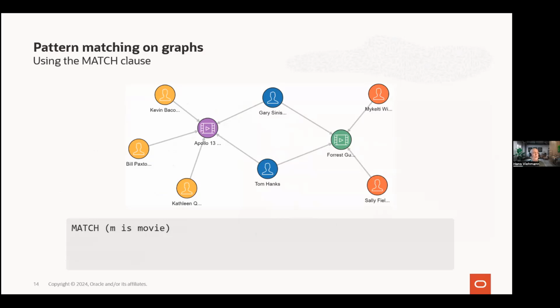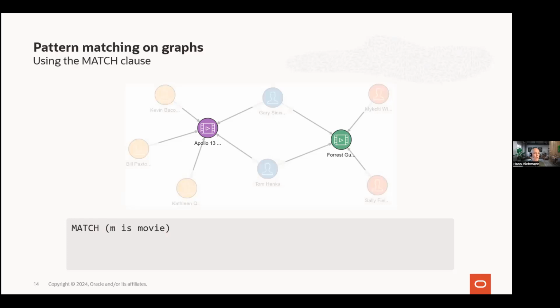We refer to everything that is a vertex by putting things into parentheses. So if I have a simple match clause like this one here, which says match, and then in parentheses M is of type movie, then it'll give me the two movies. That would be a very simple match clause.